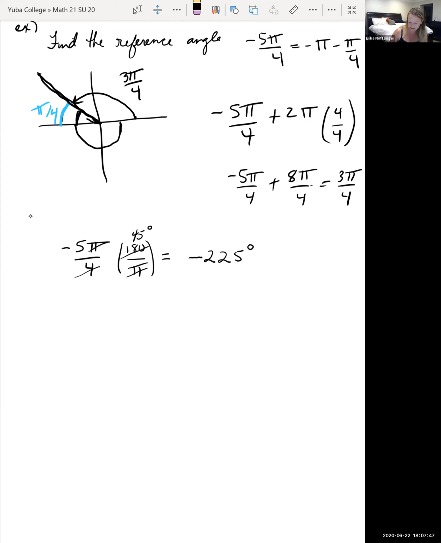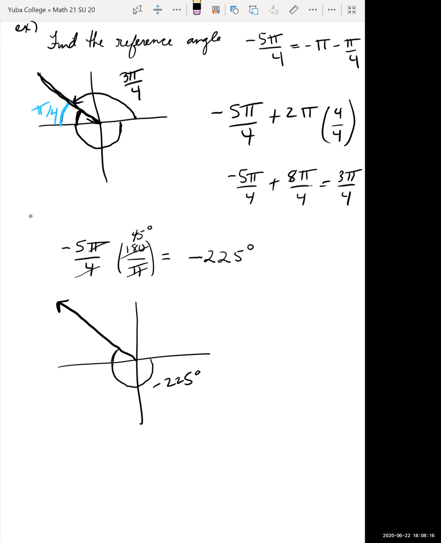Now if I think about it with degrees, negative means I have to go clockwise. This is negative 180. I usually go to an x or y axis, where I know what the degree is, and then think what I have to add to get up to this. So 180 plus 45 is 225, so I have to go 45 degrees in here. This is negative 225 degrees.